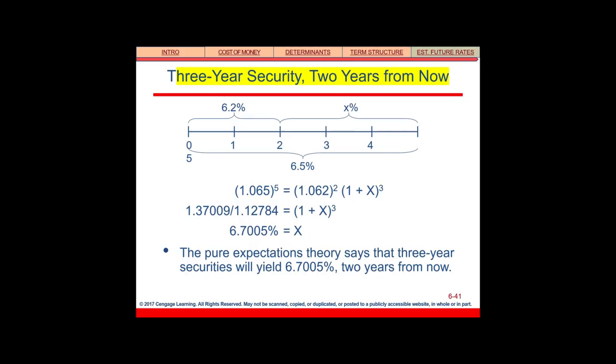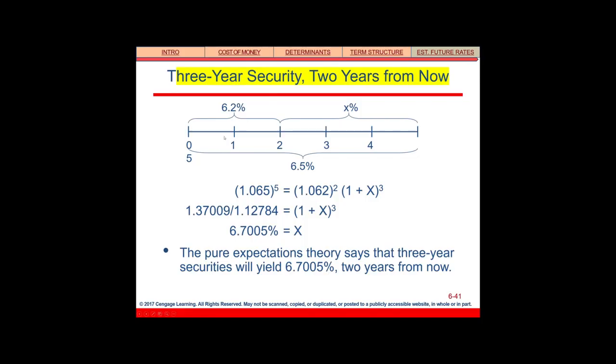And then this one is basically the same question using different structures. It asks what is the 3 year security 2 years from now. If a person wants to invest in a 5 year project, he has two ways.